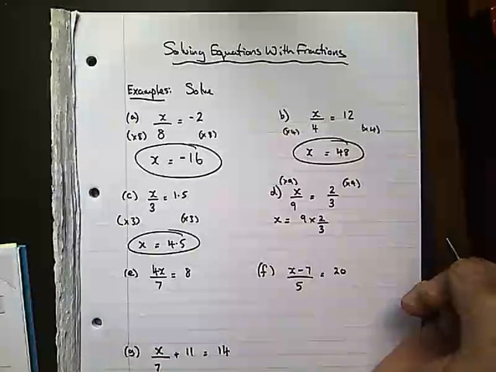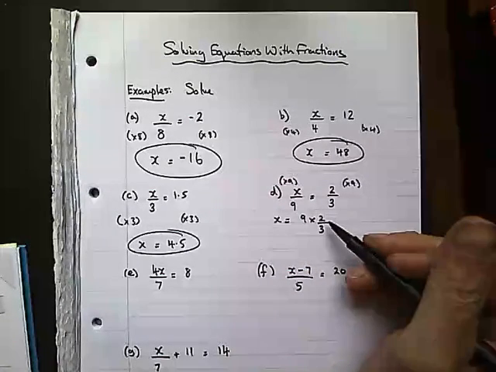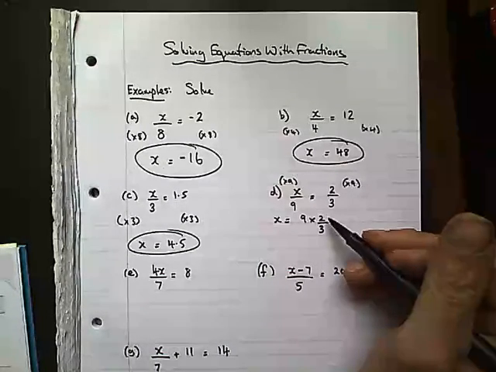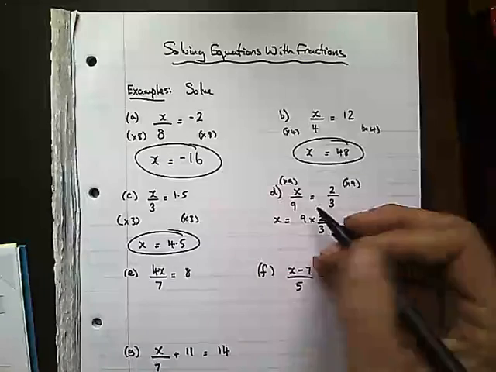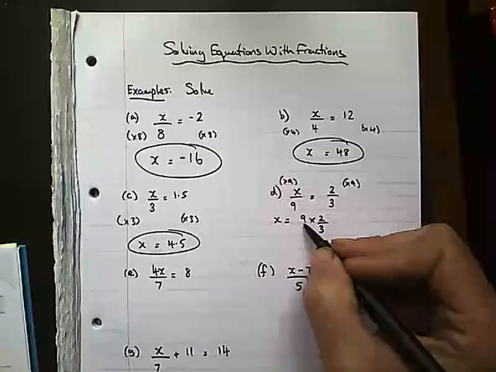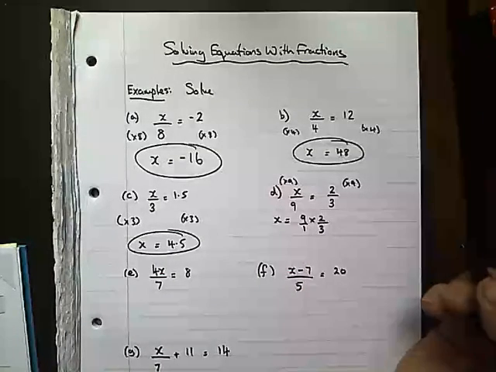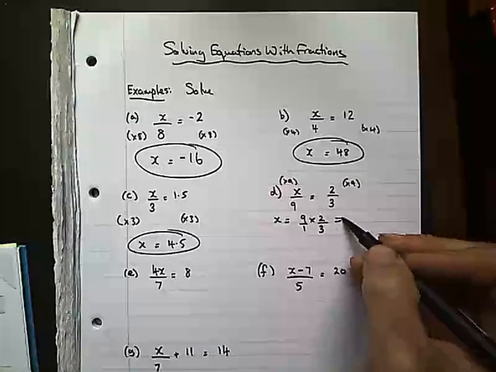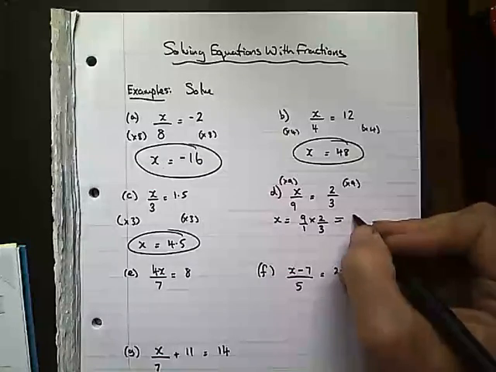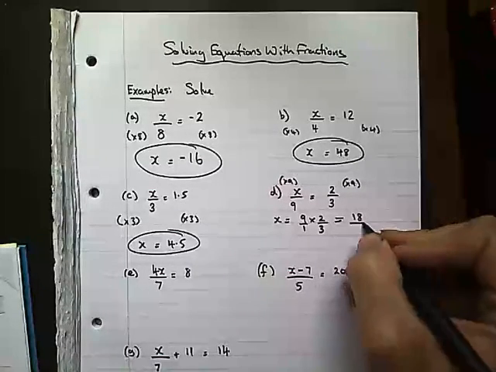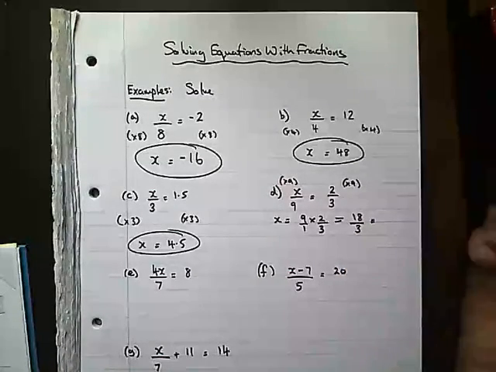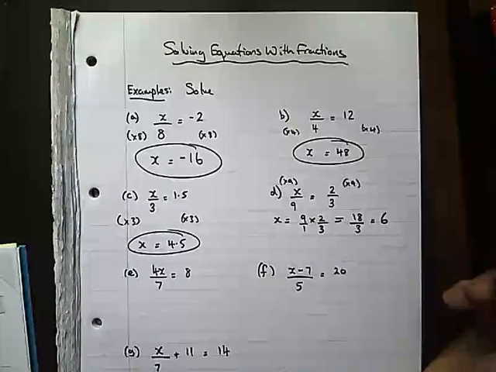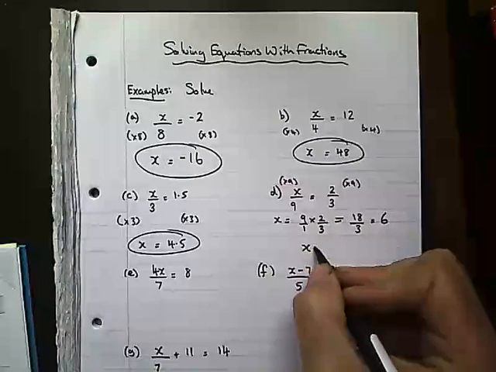Well, when you're multiplying a whole number with a fraction, remember, 9 is the same as 9 divided by 1. So when you're multiplying fractions, you multiply numerators and you multiply denominators. So 9 times 2 is 18, 1 times 3 is 3, and I can simplify this. 18 divided by 3 is 6. So the answer is x equals 6.